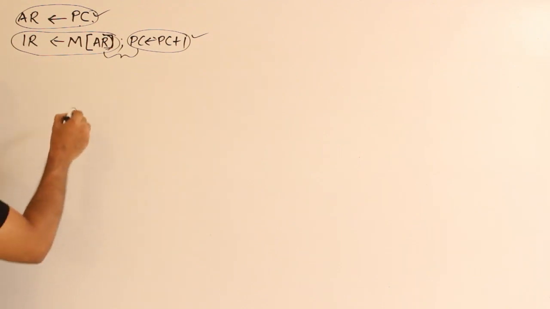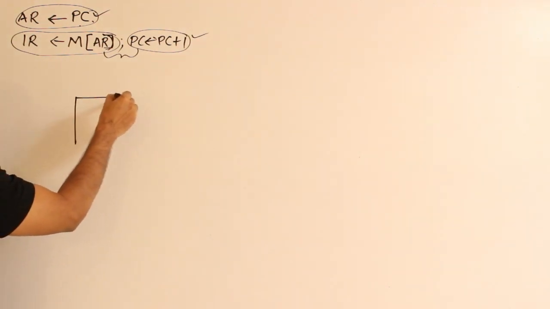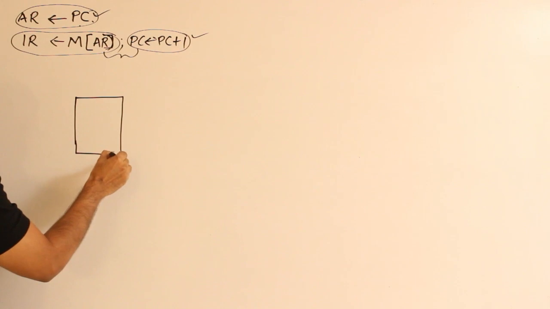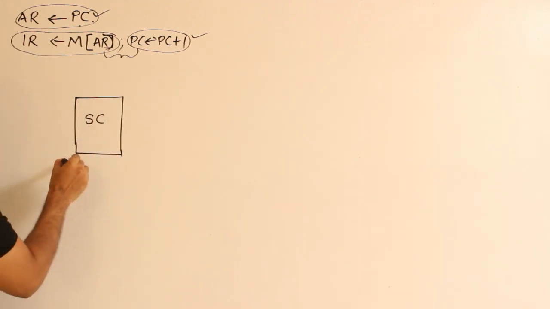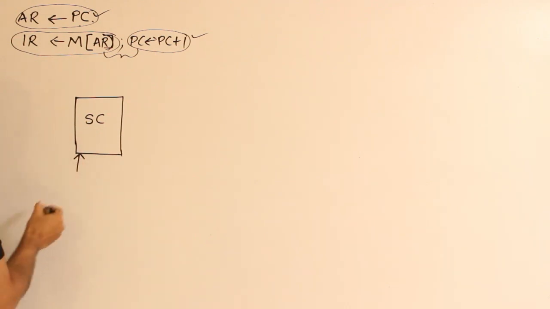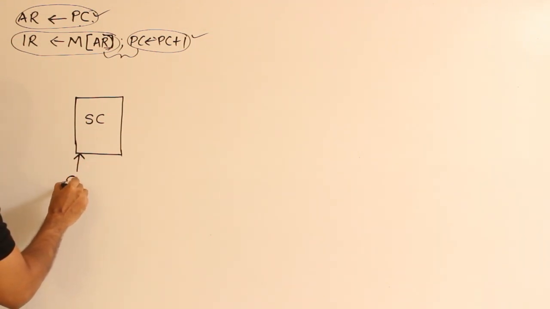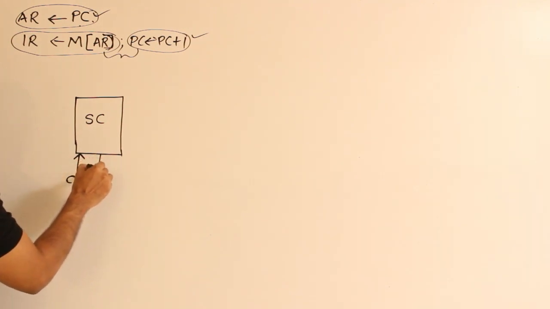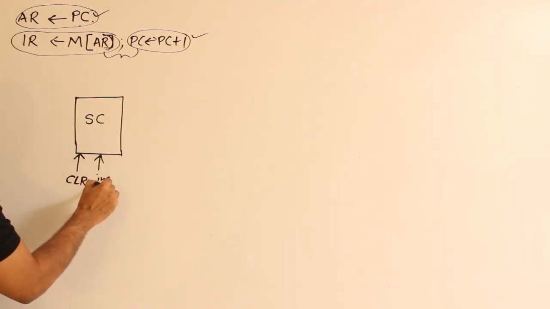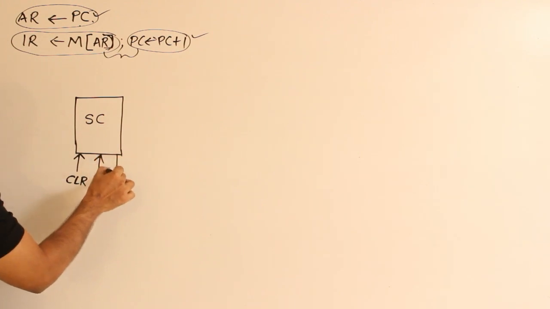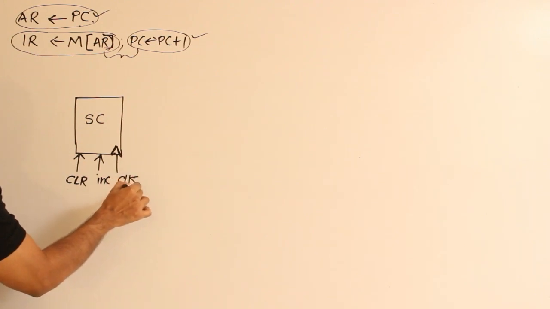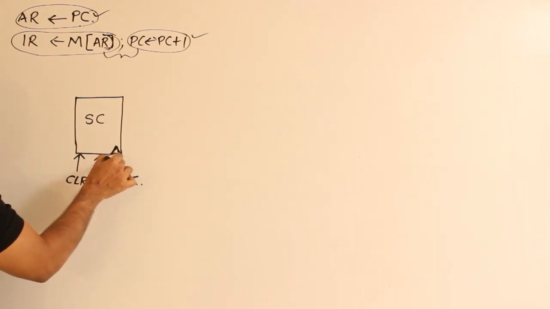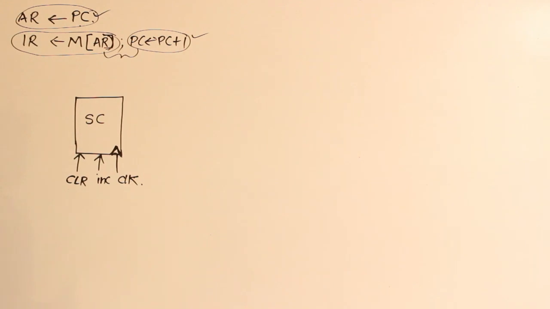I hope that you remember a sequence counter. I am not going to draw this here, right? A sequence counter will have three inputs. One is clear input, the other one is increment, and then the other one is clock, which means this one is also going to operate on positive edges of the clock. The symbol is positive edge triggered.